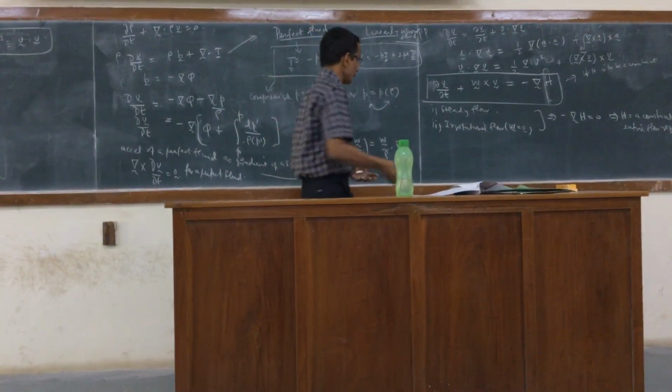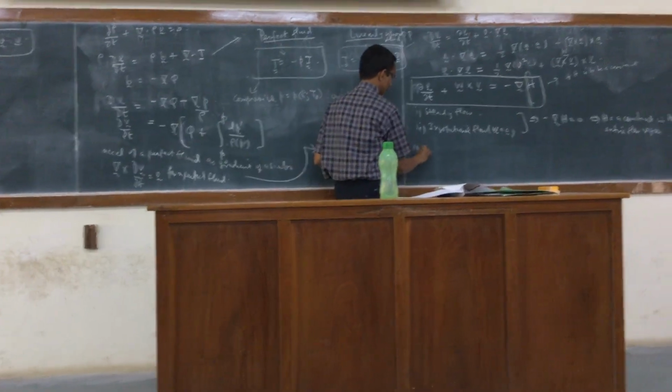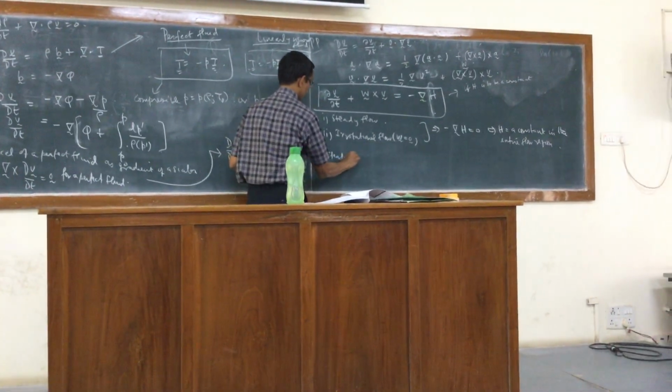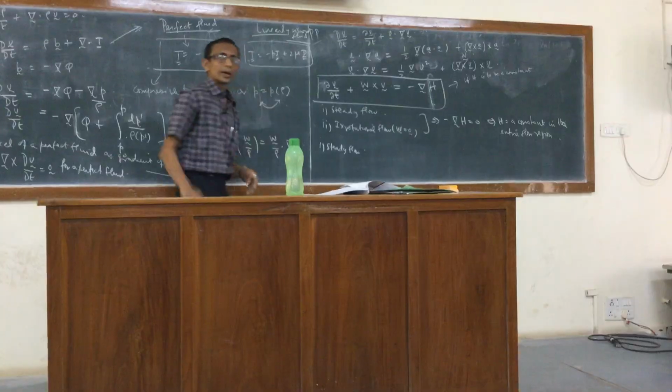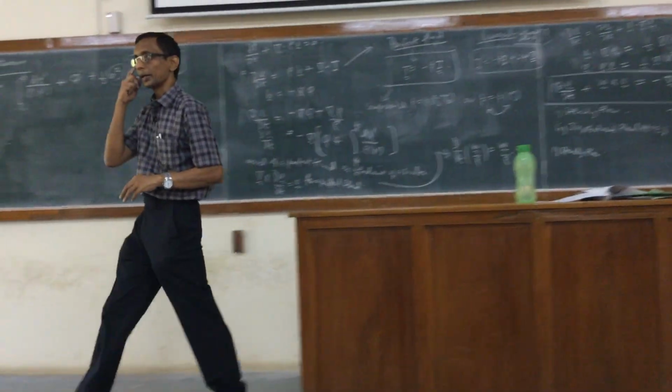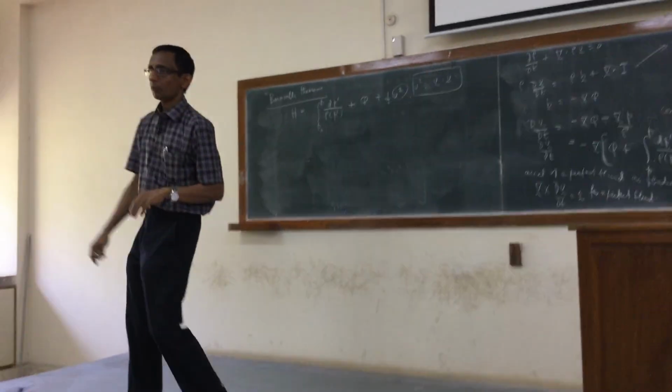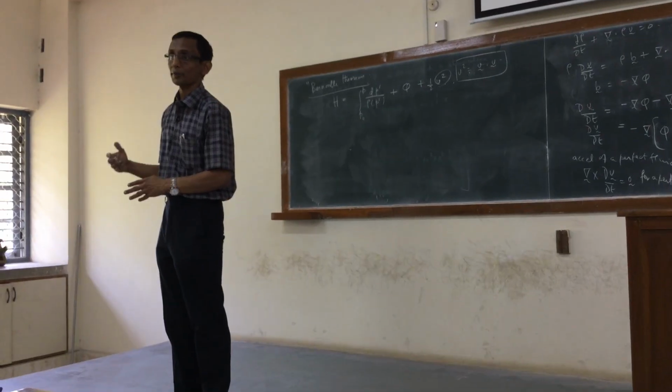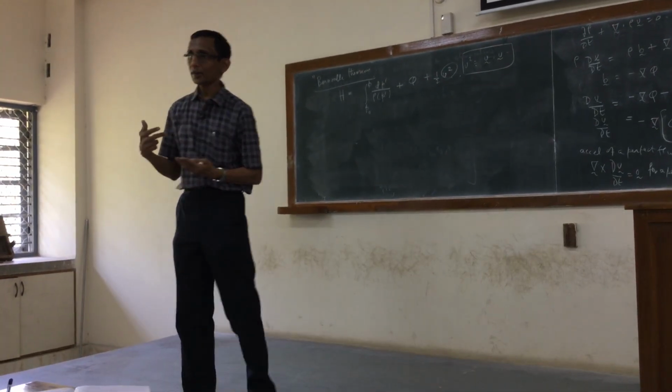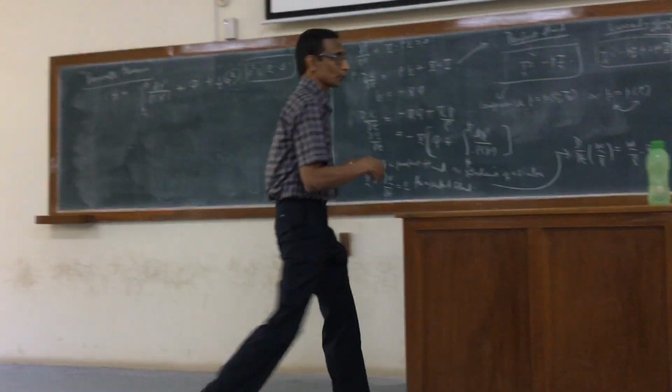Suppose now I keep steady flow. This is now a second set of conditions I am considering. I retain steady flow, right? But I want to look at what happens if it is not an irrotational flow. So I don't want to impose that condition.